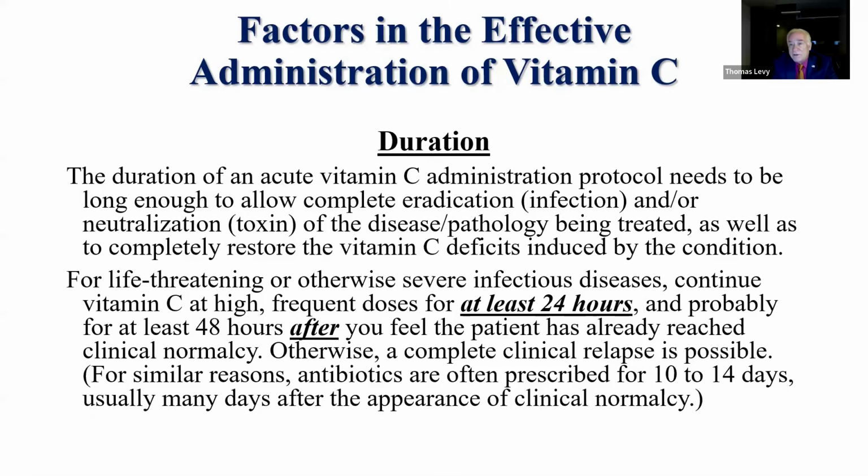Duration: don't give up on vitamin C after the patient gets better. Continue it for at least 24 to 48 hours, because oftentimes, even though the patient responded well, you can get a quick relapse. So just stay with it until you're very clearly out of the woods and the patient, in this case, no longer has any evidence of infection.